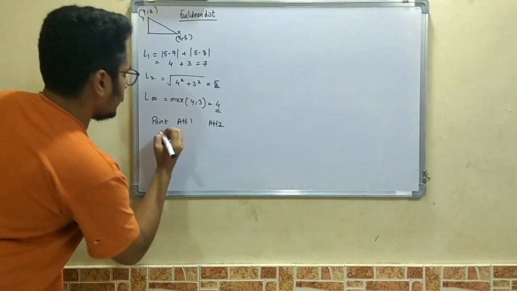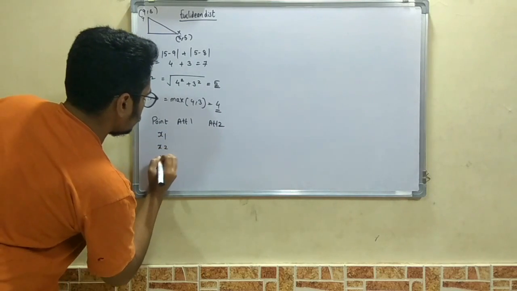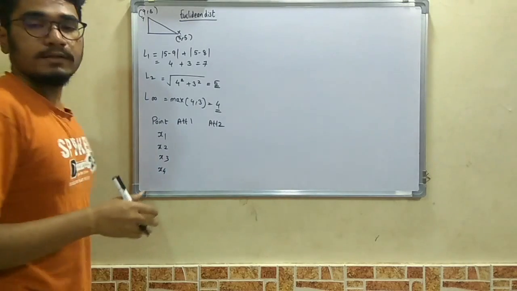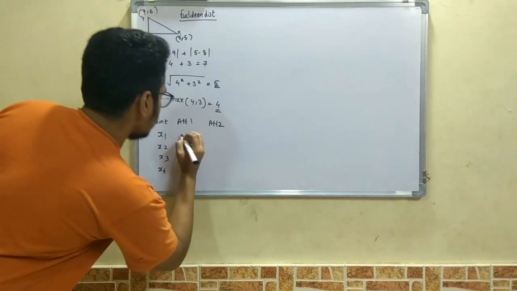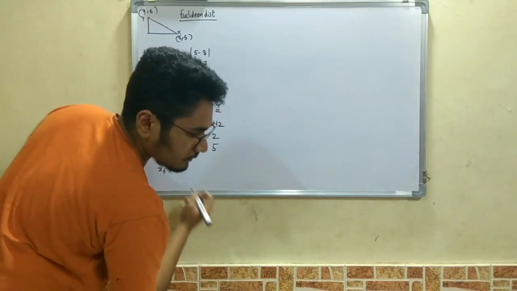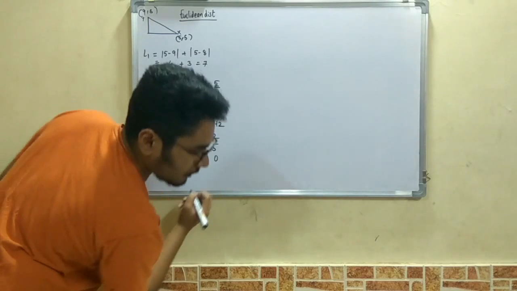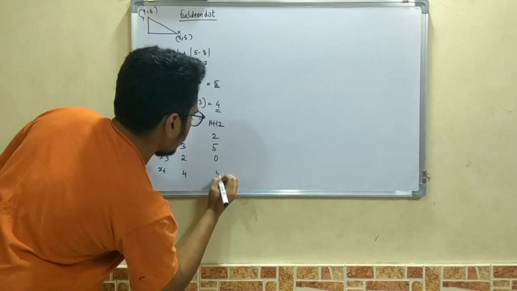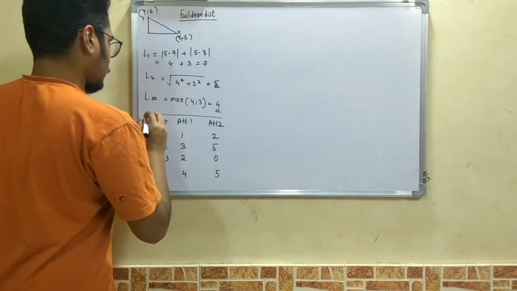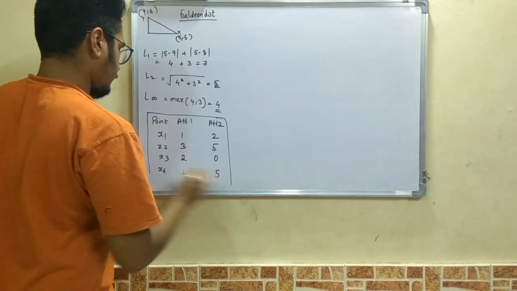We have 4 different points, x1, x2, x3 and x4, and the attribute values as 1, 2, 3, 5, 2, 0, 4 and 5. So this is the table which they have given for calculating the Manhattan distance.